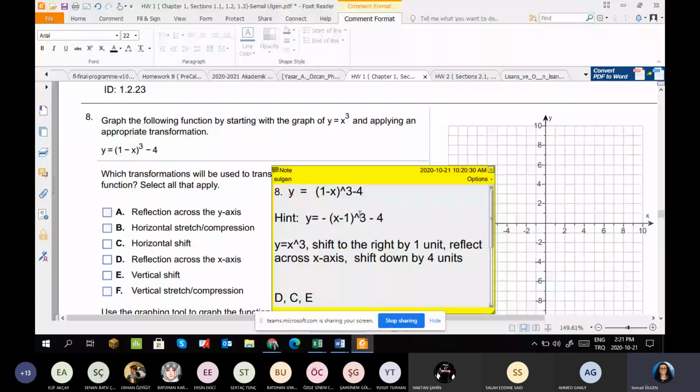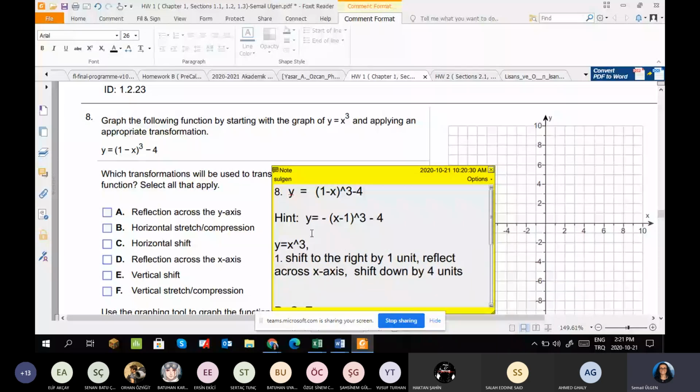So you can change the order of this. Let's call it 1, this 2, and this 3. You have 3 transformations, but you can change the order of 1 and 2.